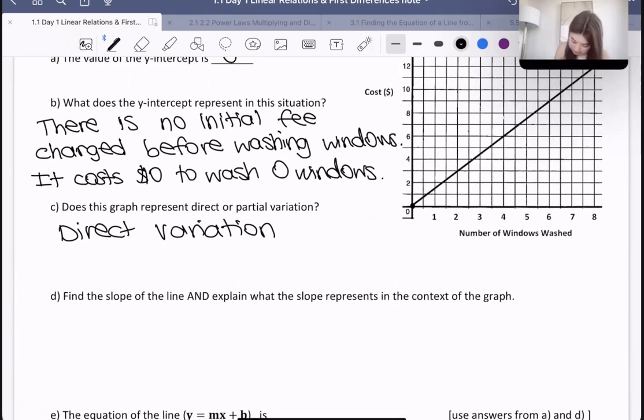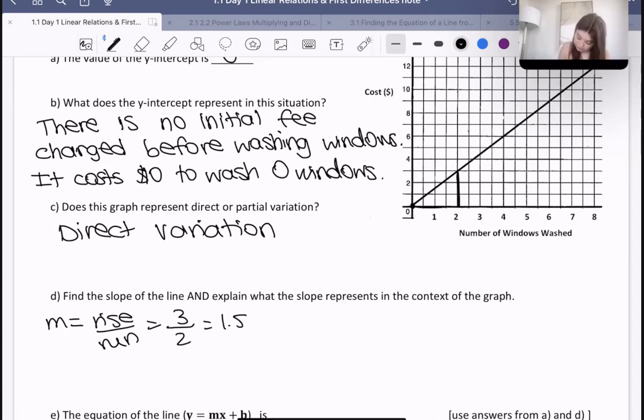Well, let's see. We know that slope is equal to rise over run. So here's our rise, up 3, right? 3 over the run, which is 2. So therefore, it's 1.5. Basically, that represents the cost per window.